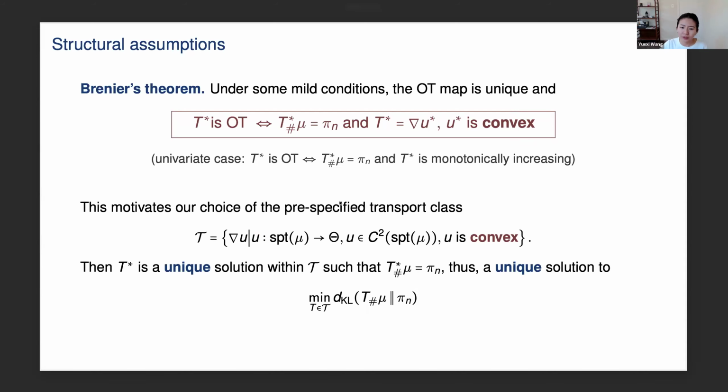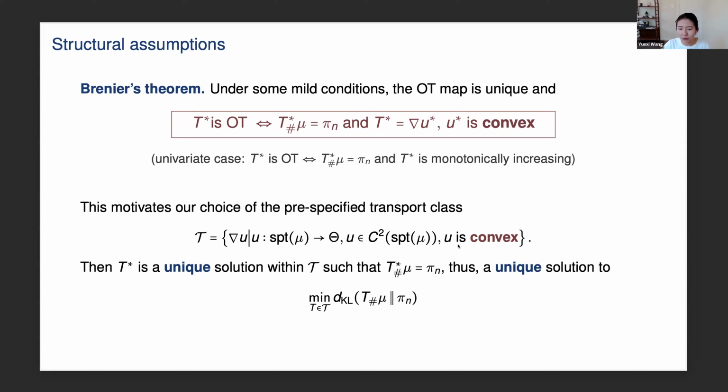So this motivates our choice of the pre-specified transport class. Instead of looking at any transport maps, I restrict myself to consider all the maps that are gradients of convex functions. Based on the theory, there will be only one solution in this class that can push mu to pi n, and this is the OT map.